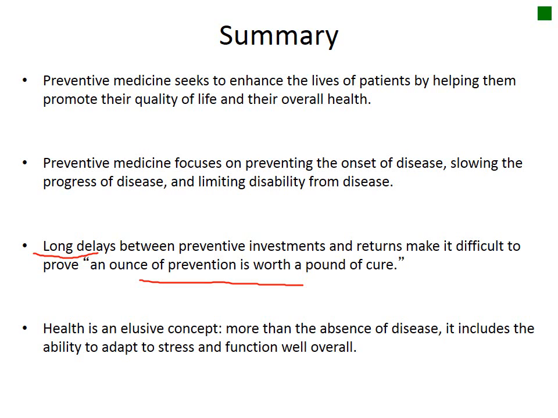It's this third bullet point here. Sometimes long delays between preventive investments and returns make it difficult to prove that an ounce of prevention is worth a pound of cure. But I think we're slowly moving towards more of this rather than away from it.